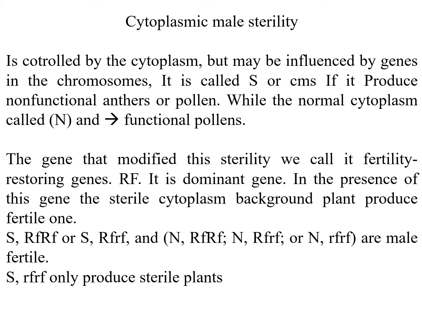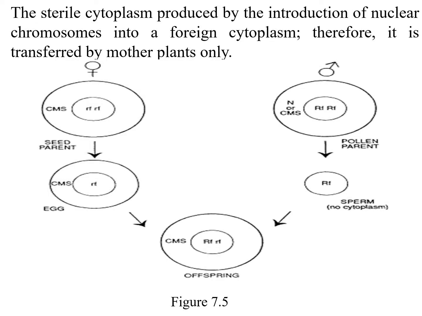So with normal cytoplasm, RF capital, RF capital, or RF capital, RF small, and RF small, RF small all produce fertile. The only one which produces a sterile plant is the one with the sterile cytoplasm, or S cytoplasm, and RF small. That is how the sterile cytoplasm produces.